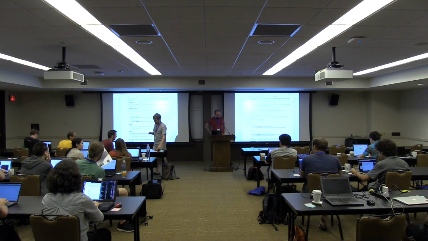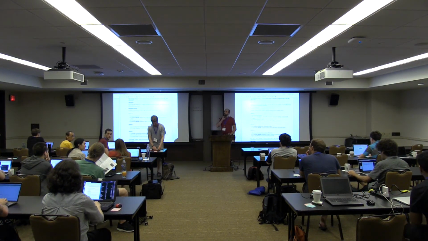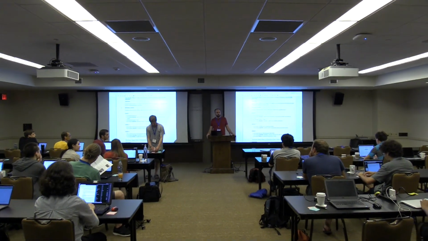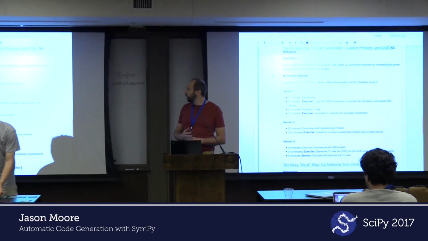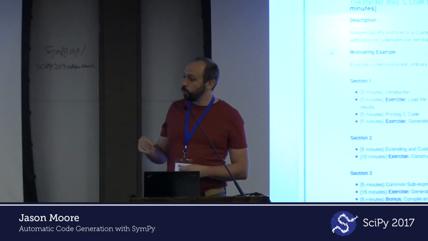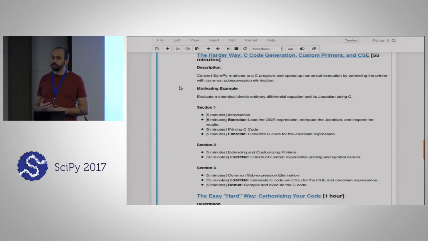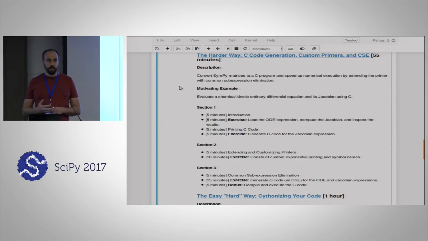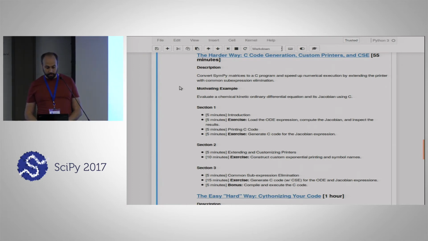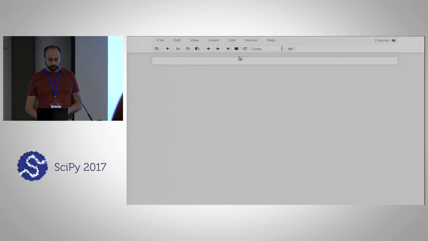Okay, I think it's 5 after according to my clock, so we could go ahead and get started. So I'm Jason, as Aaron mentioned before, and we're going to move into the third section, the third hour. The title is The Harder Way, C Code Generation, Custom Printers, and CSE, which stands for Common Sub-Expression Elimination. So Björn just showed you a high-level look at the use of the code generation facilities in SymPy.